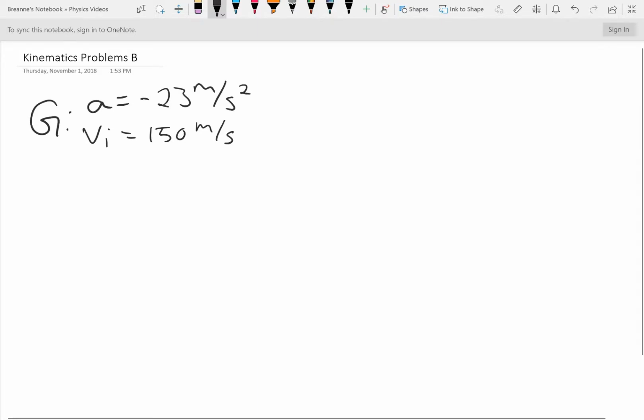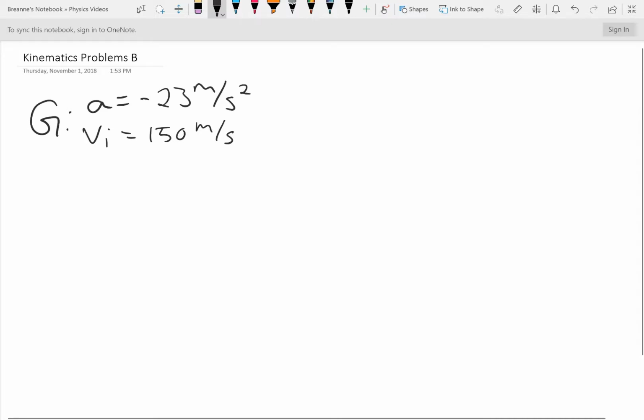So that is our initial velocity. Besides seeing the word acceleration or decelerates, I know that the negative 23 is acceleration because of the meters per second squared. Knowing your variables and units is very important. I'll give you the equation. You just have to know your variables and units.